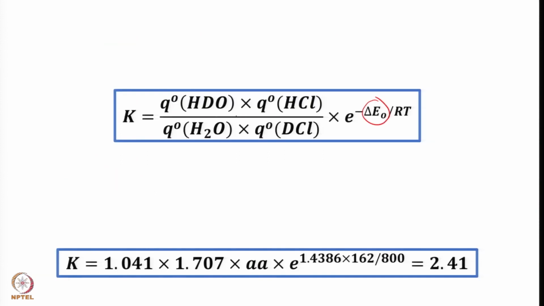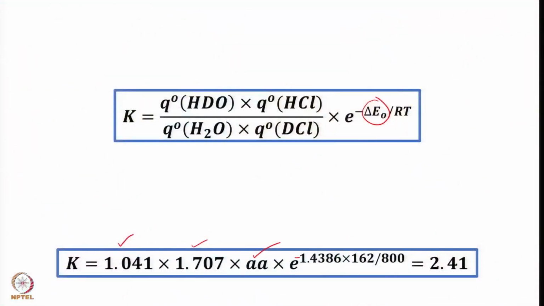Now, we know the value of delta E naught. All this we have expressed as the ratio of translational, rotational, vibrational partition functions. We calculated 1.041 for one, and 1.0707 for another. I deliberately left the vibrational one for you to calculate, but I will tell you, since vibrational energy levels are far separated, you expect this ratio also to be close to 1.